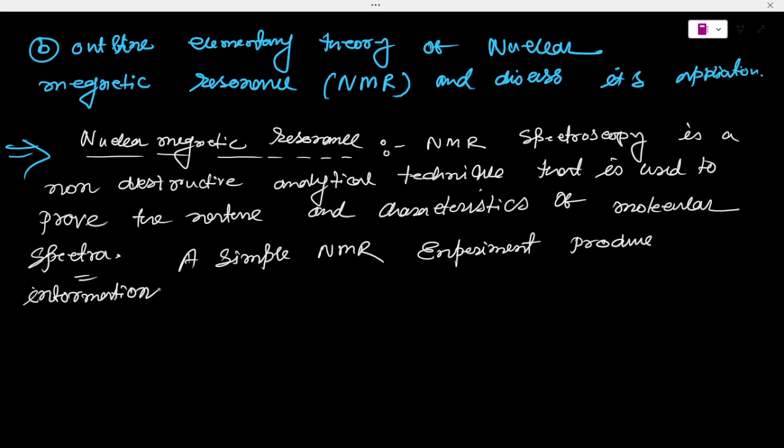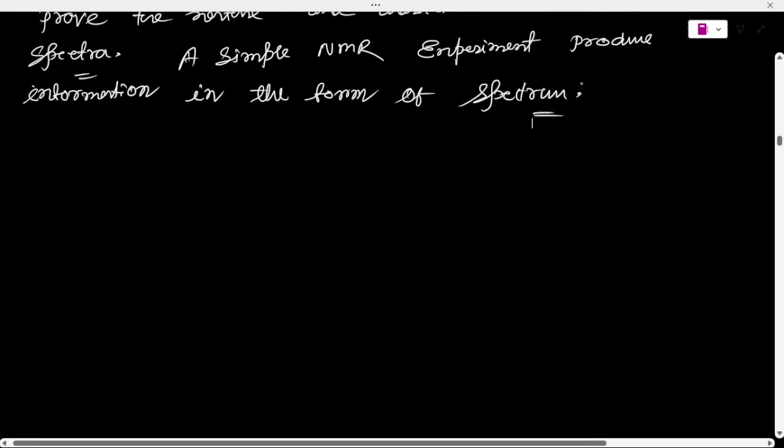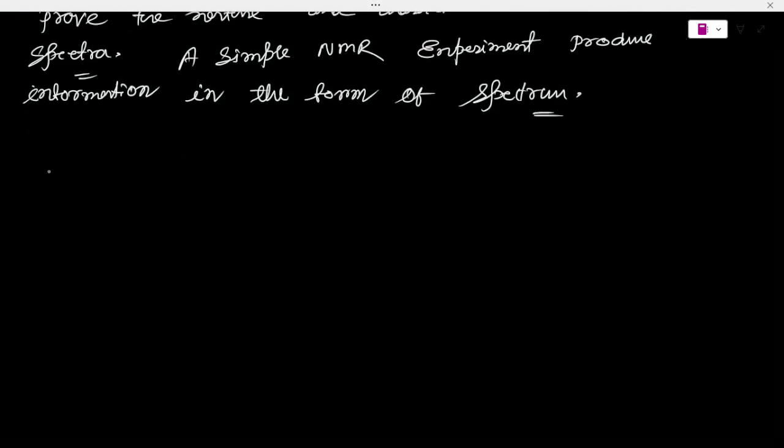Information in the form of a spectrum. So in the form of a spectrum, NMR is used to provide details about, number one, the type of atoms present in the sample.